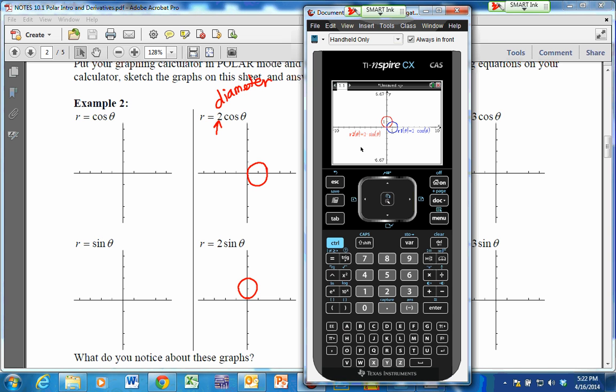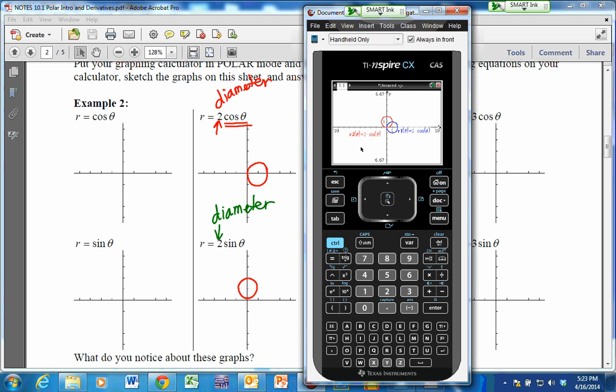So notice that on the blue graph there, you have a diameter of 2. That's where the 2 comes from. So the radius would be 1, and it's cosine theta, and it happens to be symmetric about the x-axis. When we had 2 sine theta, 2 again is the diameter, and then sine theta is symmetric about the y-axis.